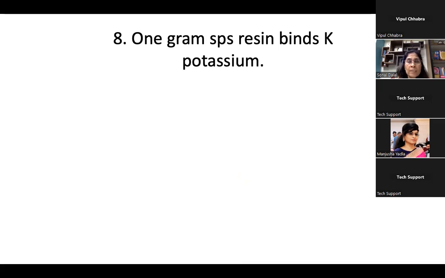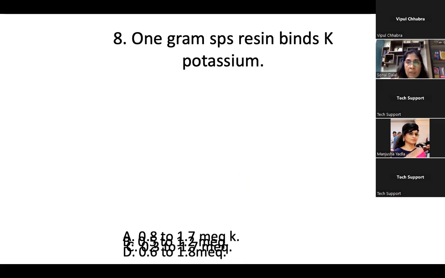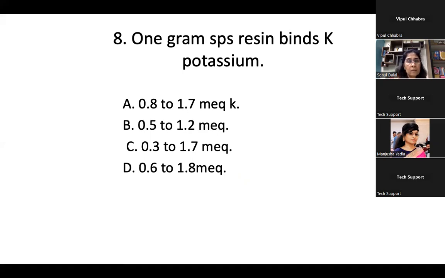1 gram of SPS resin binds potassium by: option A, 0.8 to 1.7 milliequivalent, option B, 0.5 to 1.2 milliequivalent, option C, 0.3 to 1.7 milliequivalent, and option D, 0.6 to 1.8 milliequivalent. 1 gram of SPS resin.